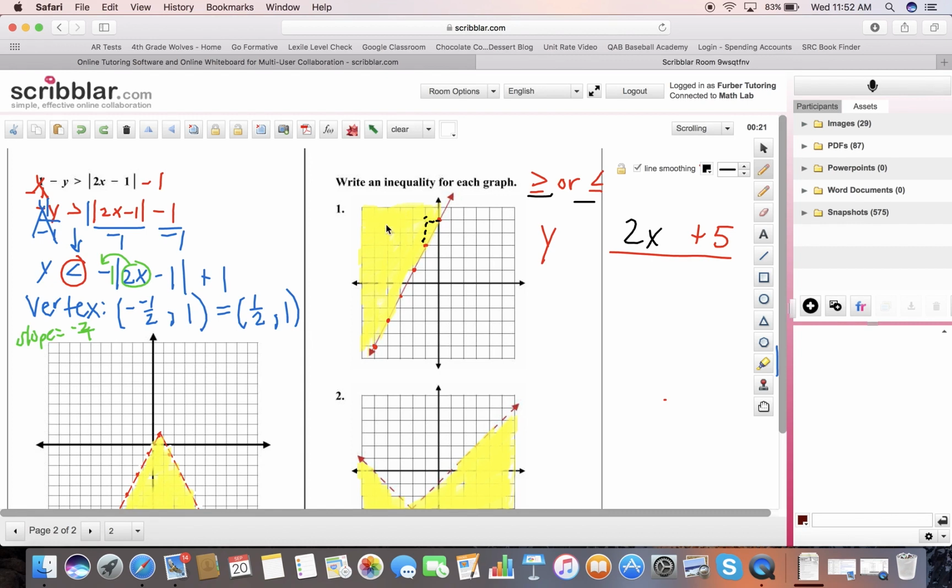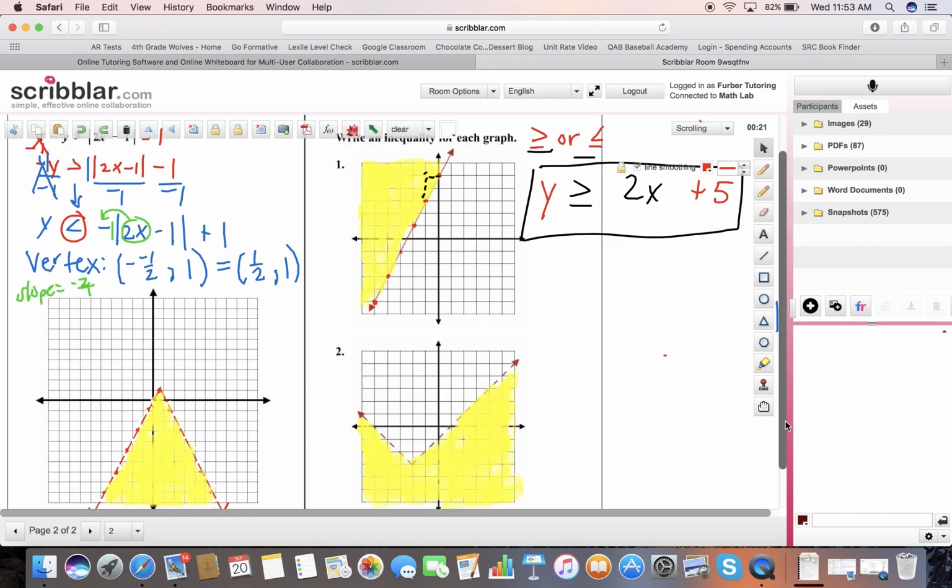So that's where the shading is. Since the shading is above the line, I'm going to put in a greater than or equal to symbol. So this is the equation that matches that graph. That should help you as you're trying to look at a graph and judge what the equation or the inequality should be.